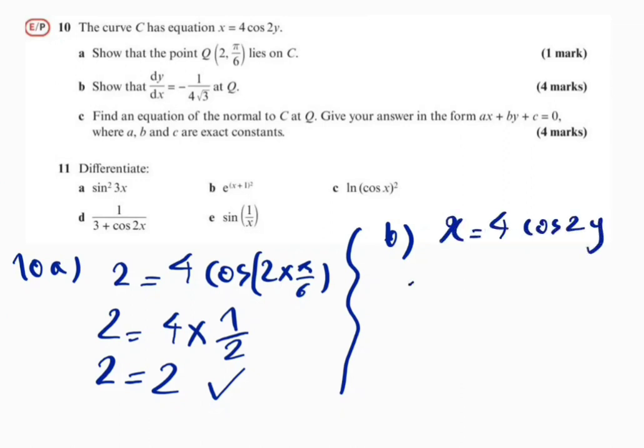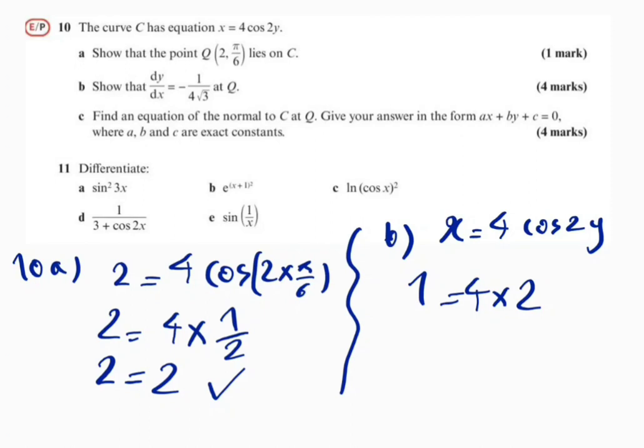So x differentiates to 1. And on the right hand side, we should be careful. We can write down 4 because that's a constant. 2y differentiates to 2 dy by dx, but we keep that for now.